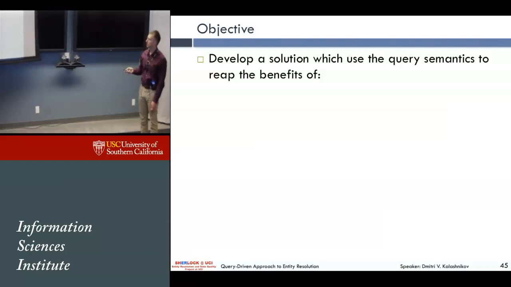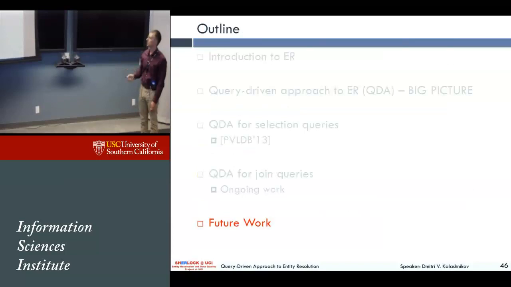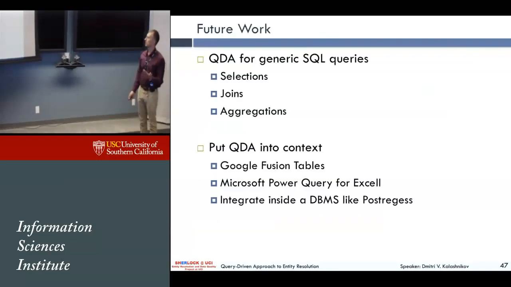Just to summarize the future work: we want to develop QDA for joins and aggregation, and we also want to integrate QDA with real systems like Google Fusion Tables, Microsoft Power Query for Excel, and real DBMS systems like Postgres.